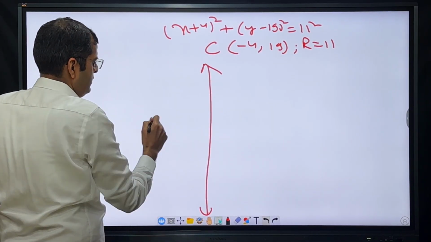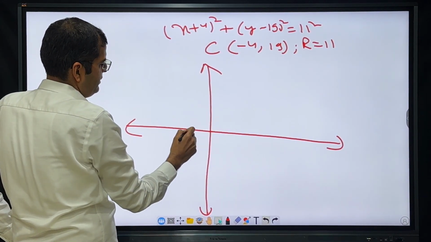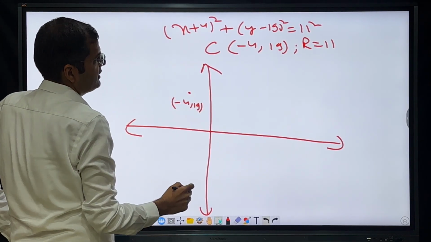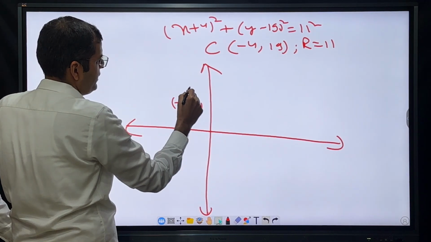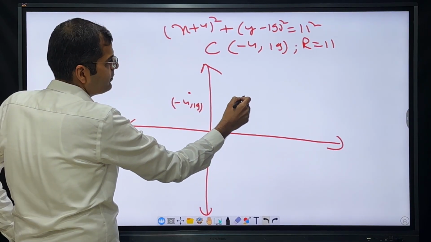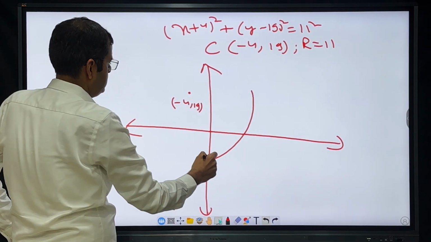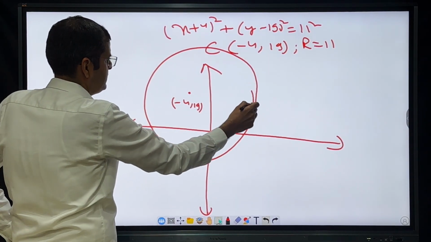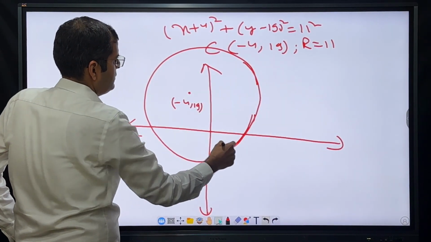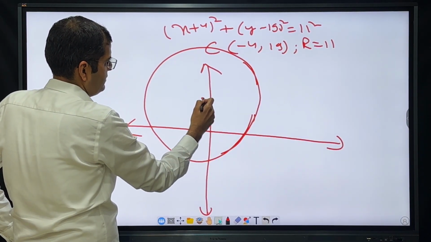So if I try to draw this circle, center is minus 4 comma 19. So let's say this point is minus 4 comma 19 for our sake, and radius is 11. Okay, that means the circle goes somewhat like this, and over here let's assume that this is the center.